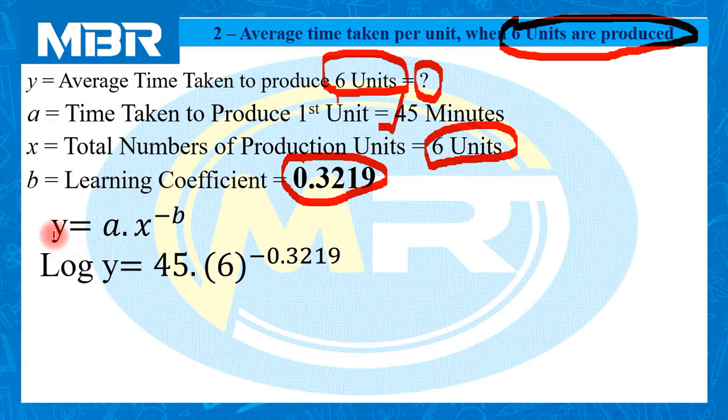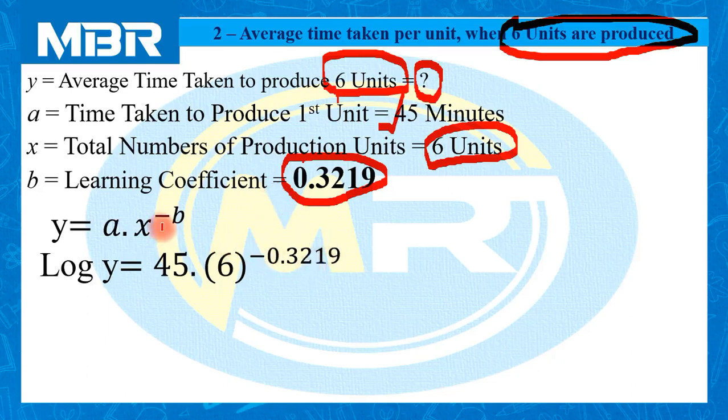Now the value of y is missing, so log y is equal to a, 45, multiplied by x, the number of units to be produced, 6, and the learning coefficient, that is b, 0.3219.